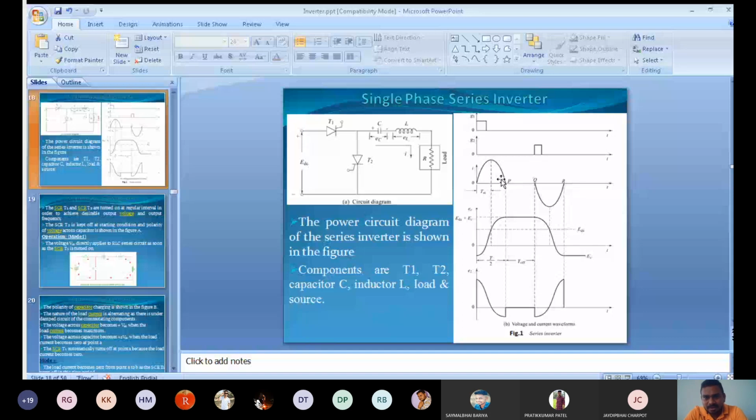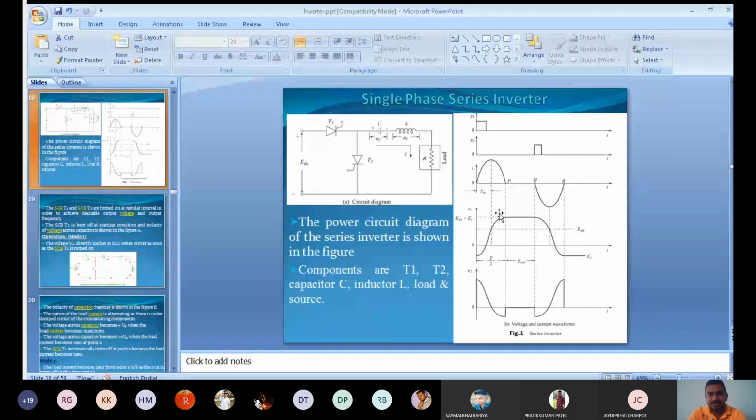Now what happens in this time duration, from maximum current to the 0 current? The current reduces to 0, but at the same time this current is also flowing through the capacitor. So the charging of the capacitor continues up to the 0 current.